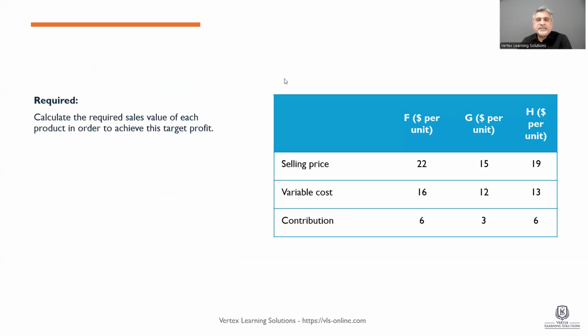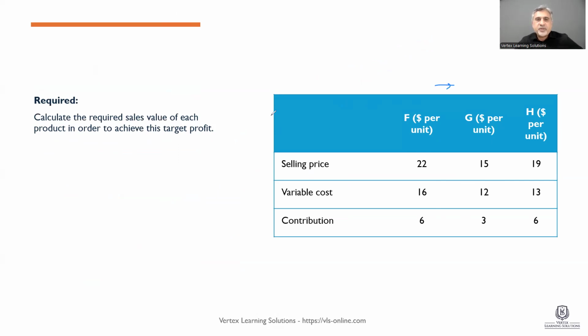So we got here, okay, before in previous table, we put actually F, G, and H like this. This time we are putting on horizontal axis F, G, and H. So 22, 15, 19, variable cost 16, 12, 13, contribution 6, 3, 6.